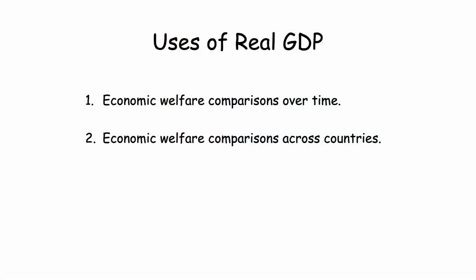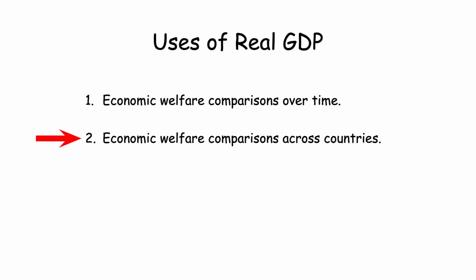In practice, what are the uses of real GDP? Well, as we've been discussing, one of them is to look at how much the size of an economy has increased over time, net of any effects in prices, so that gives us a notion of welfare over time. You can say if real GDP has grown in Canada in the last 50 years by 2% per year, well, we can see our welfare has increased about 2% per year in the last 50 years.